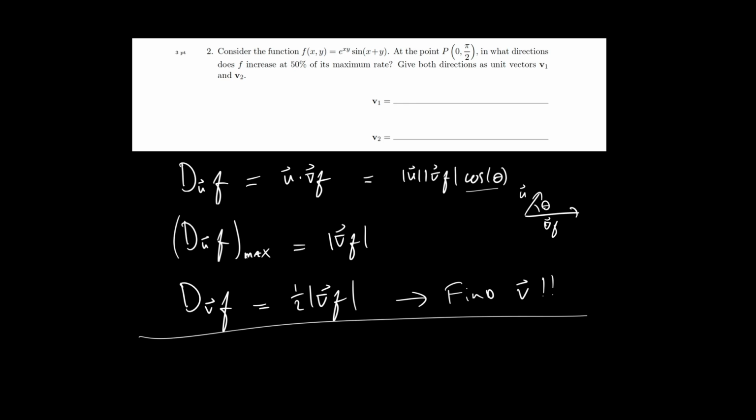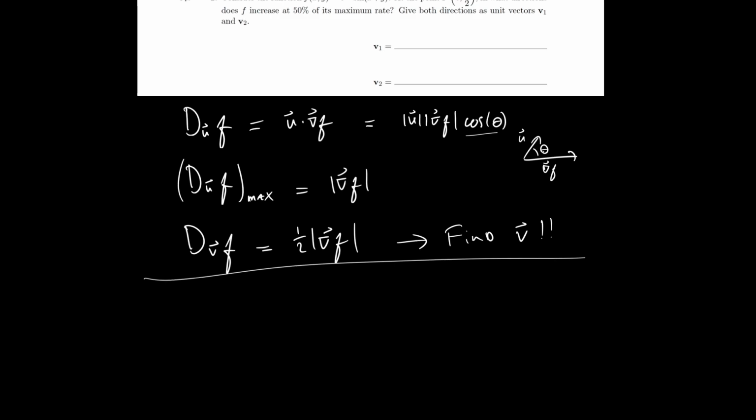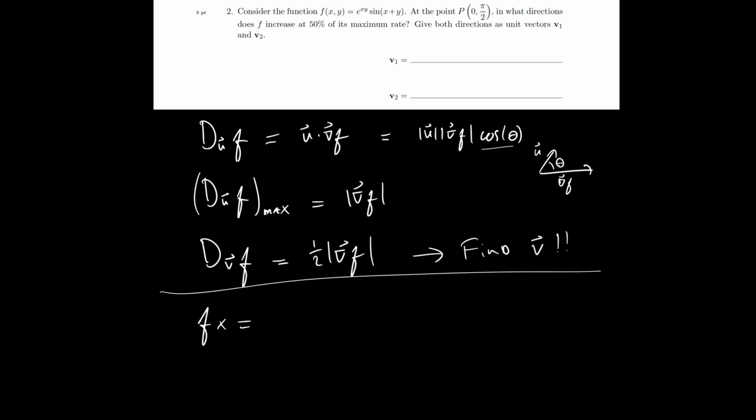Okay, so fx, let's start with this derivative. That's the first component of our gradient. And that fx is going to be, well, some chain rules, some product rules. You can check that it's y e to the power xy sine of x plus y plus e to the power xy cosine x plus y.